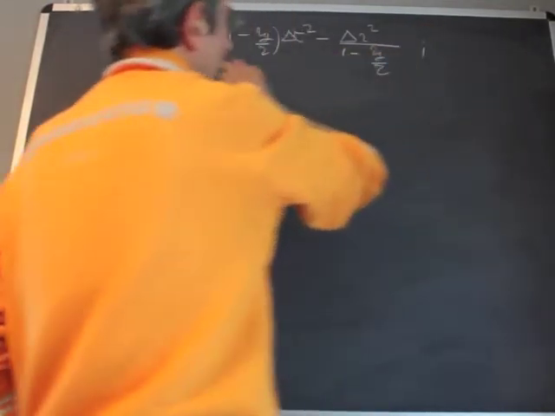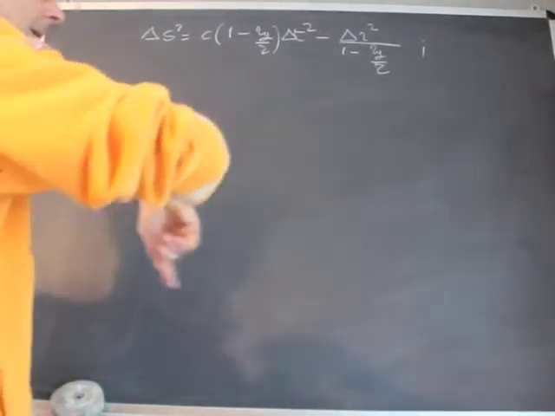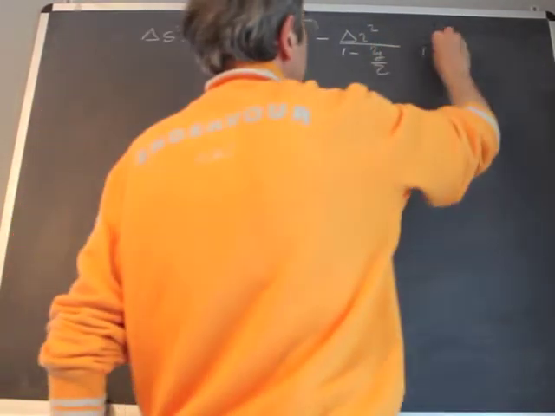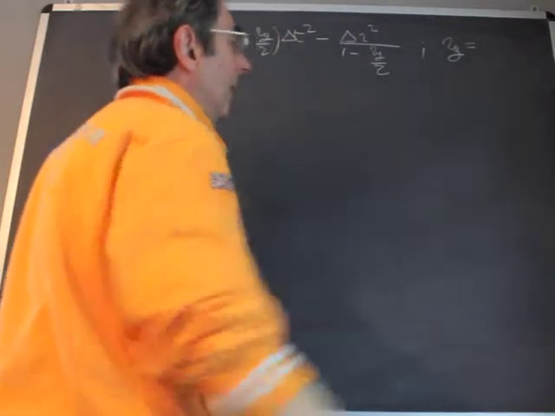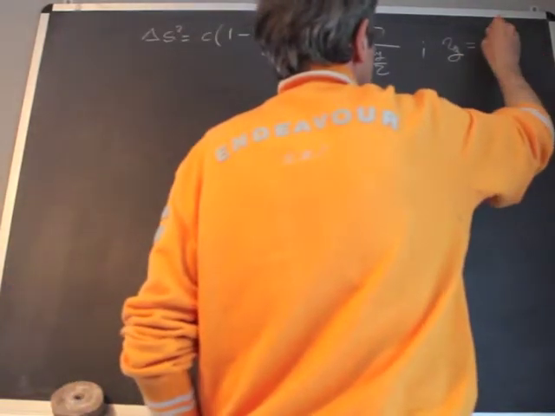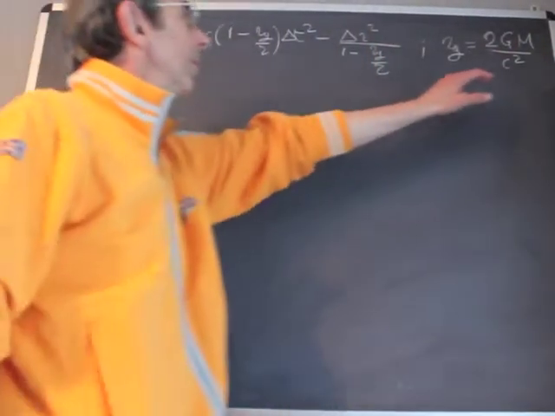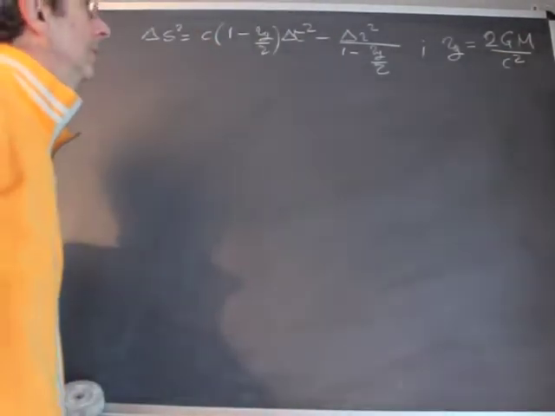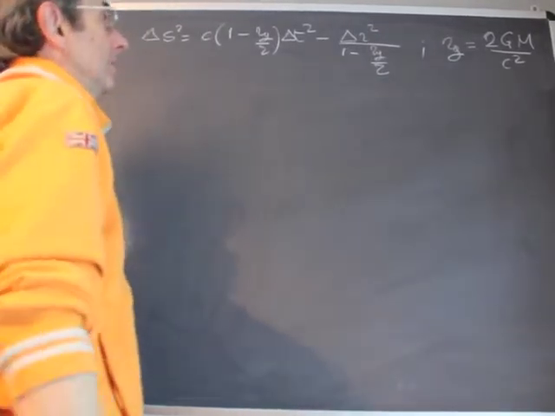Where this is the radial metric, just considering a spherical symmetry, and we know that the gravitational radius, or Schwarzschild radius, Rg, is equal to 2Gm over c squared. So it depends only on the central mass of the attracting body.